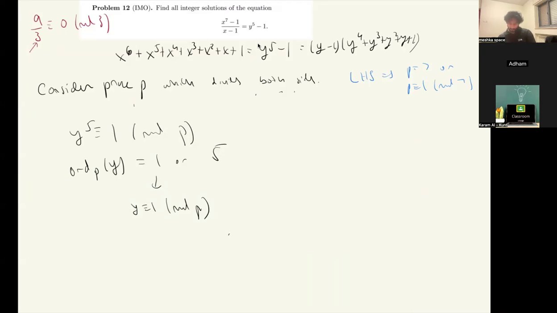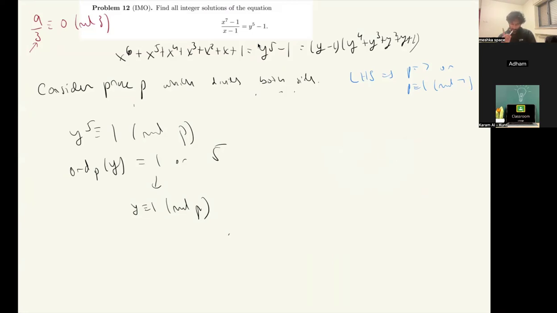Okay, so what do we get from there? y is congruent to 1 or 2 mod 7. Since every divisor of the left-hand side has to be congruent to 1 mod 7 or congruent to 0 mod 7.